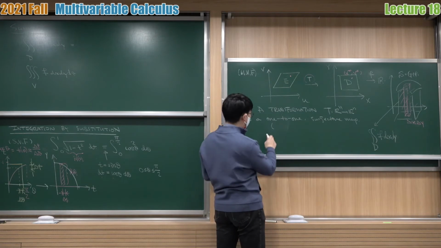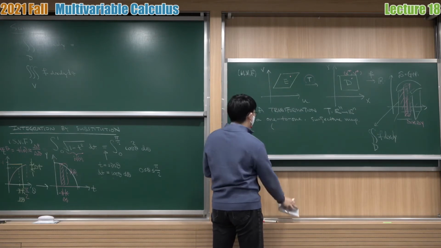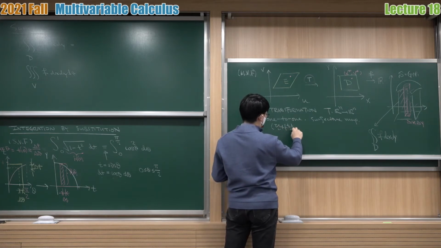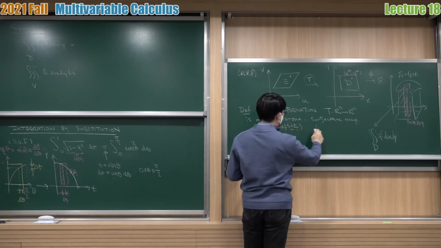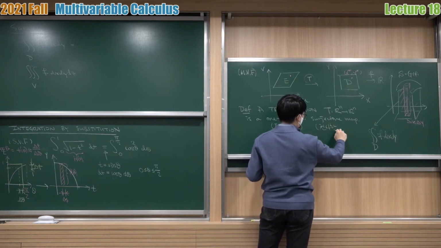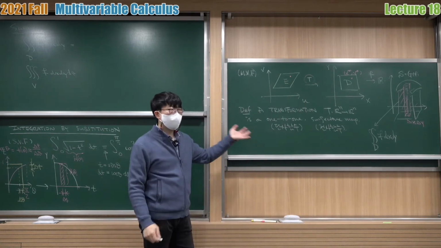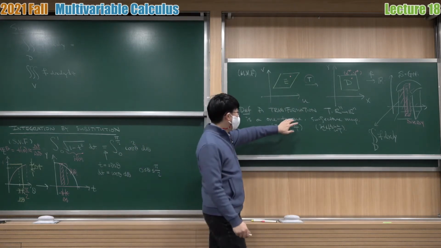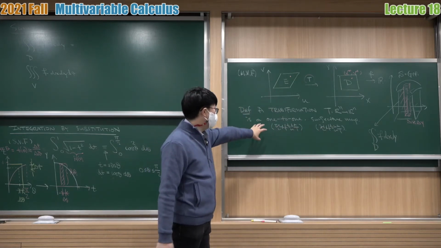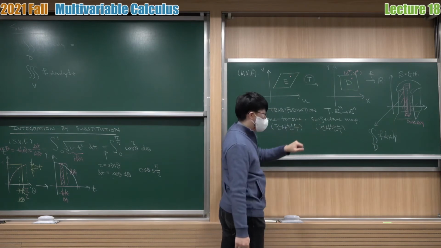I want to say it in a Korean word because it will make it easier. So one-to-one is 반사함수, and surjective means 전사함수. So in other words, you can call it an injective and surjective map, and if a map is both surjective and injective, it's called bijective.